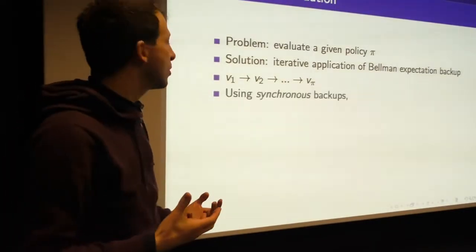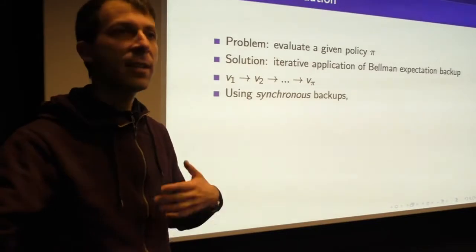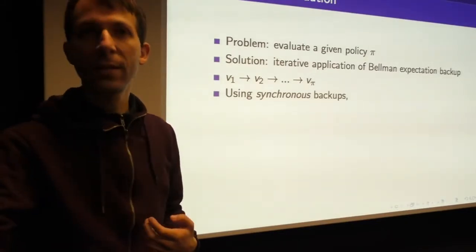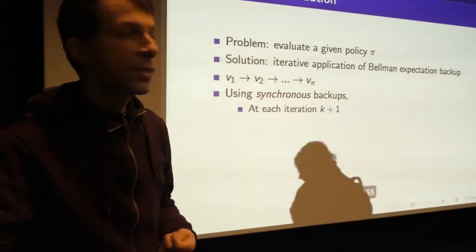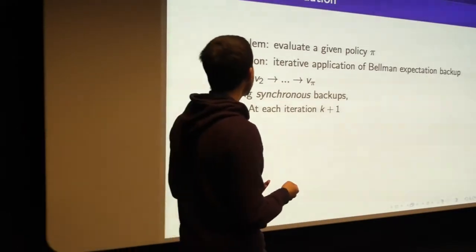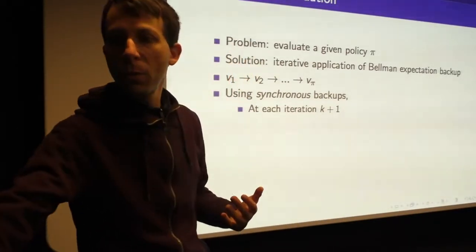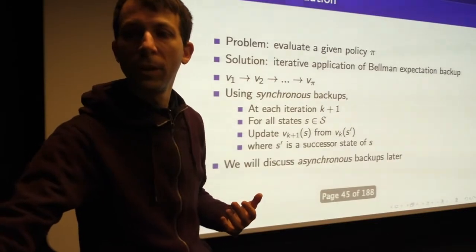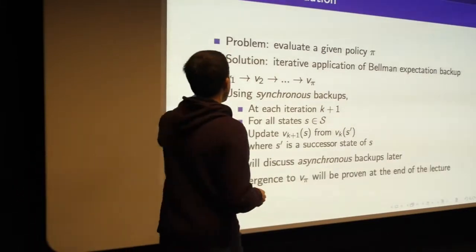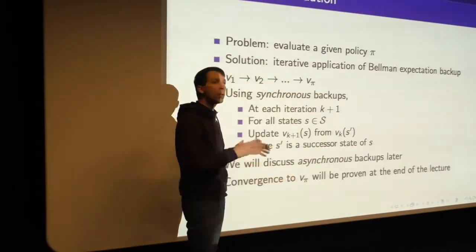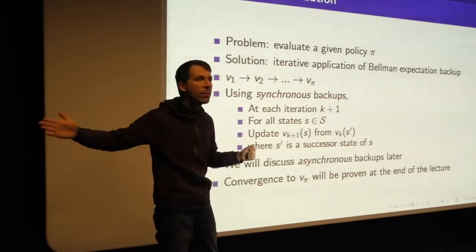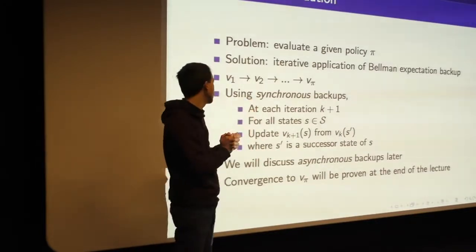And the way we're going to do this is using what we call synchronous backups. We'll see the alternative later on when we get to later slides. So what do we mean by synchronous backups? What we mean is that for every iteration, we're going to consider all states in our MDP. So we're going to sweep over all states in one iteration.